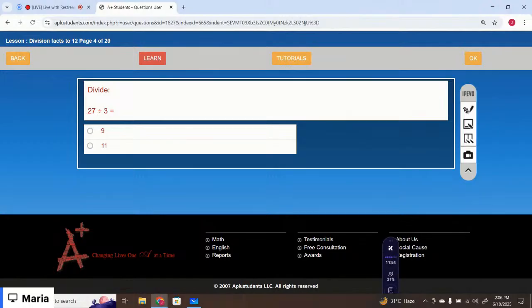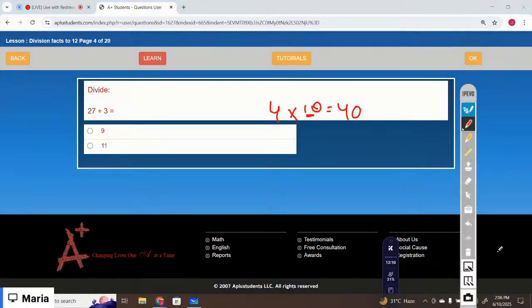27 divided by 3. 3 times what number is 27? We need to count by 3 until 27. So 3 times what number is 27?